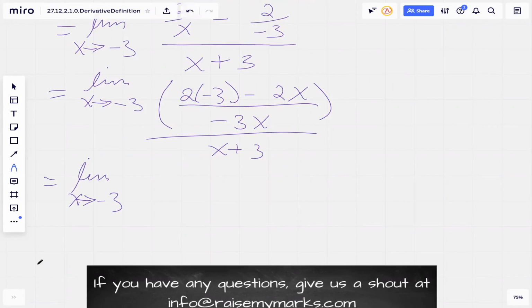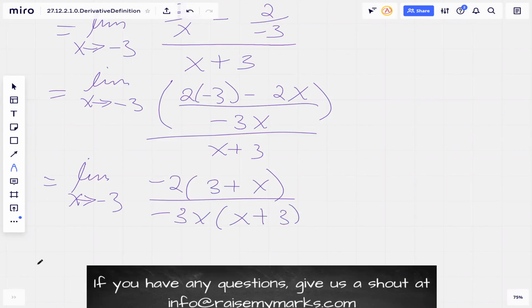Okay, so in the numerator, we can factor out a -2. And then we're left with 3 plus x over -3x, over x plus 3.